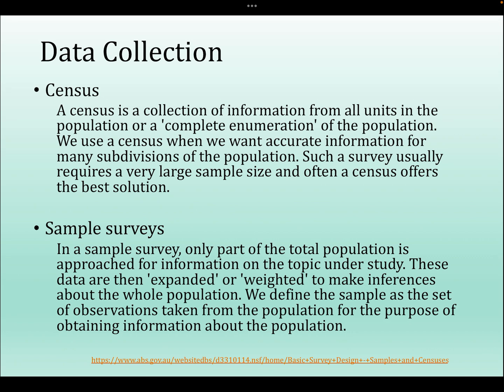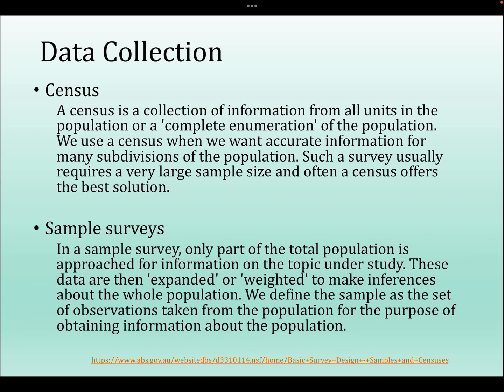Now, in terms of data collection, it could be a census or a sample survey. Census means you are collecting it from the whole population, like what the ABS does. Whereas in a sample survey, you pick part of the total population to do your survey. For example, if Shenton wants to build a new bicycle parking area, would the school go out and ask all the students?